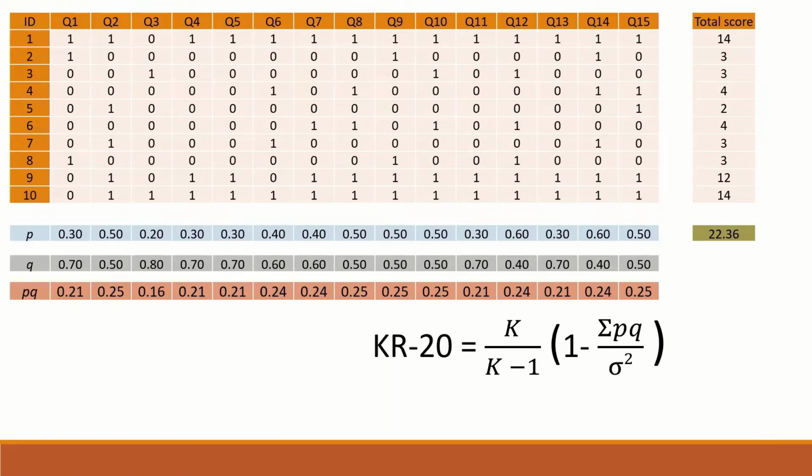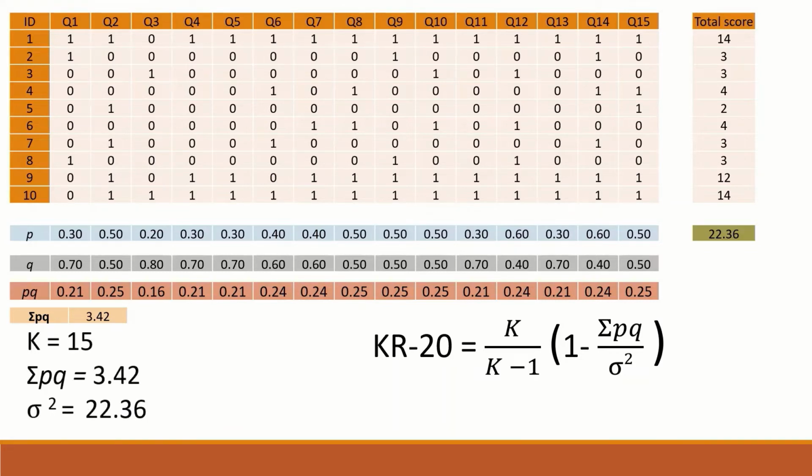The way to do that is to multiply the value for p by q, and then add up the values of the multiplication of p by q for each individual question to generate the sum of p multiplied by q, which equals 3.42.